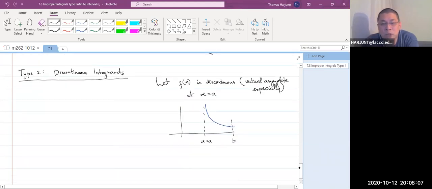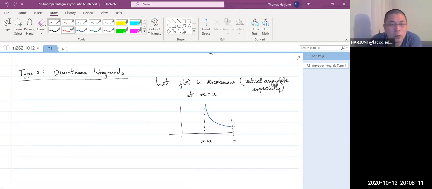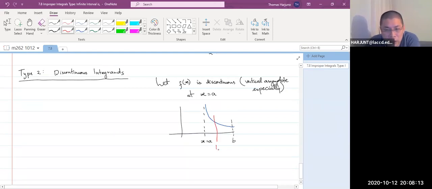Now the idea will be, I will take the integral from t to b. I get the area here first, and then I push my t to a. t will approach a from the right-hand side in that case.